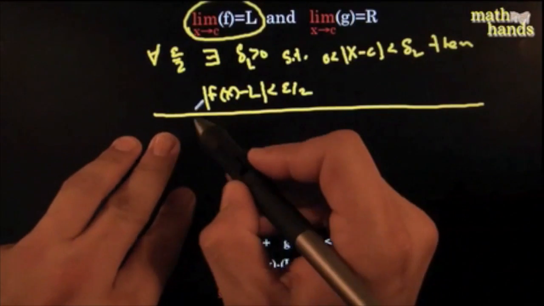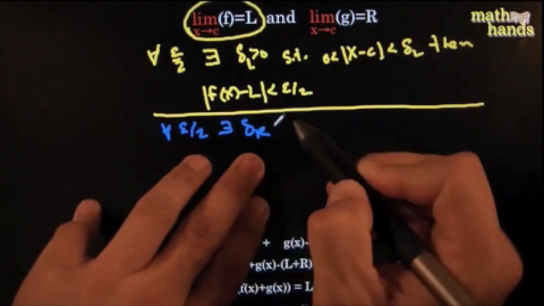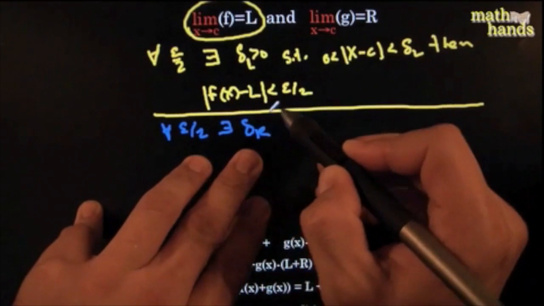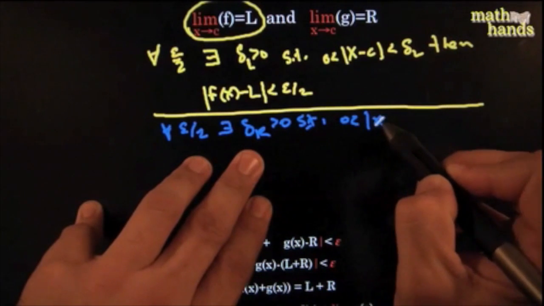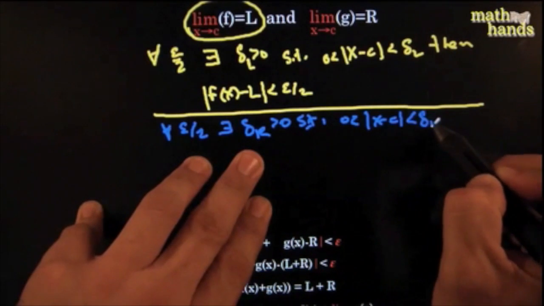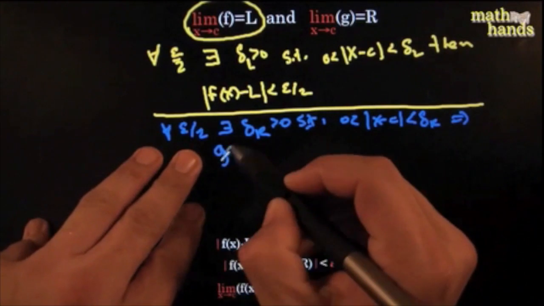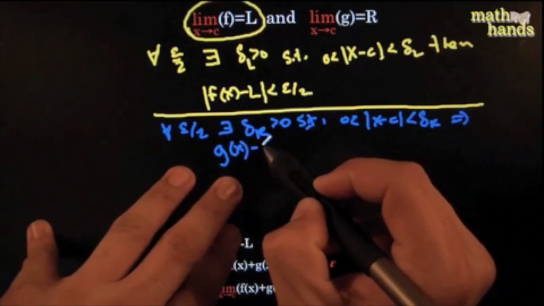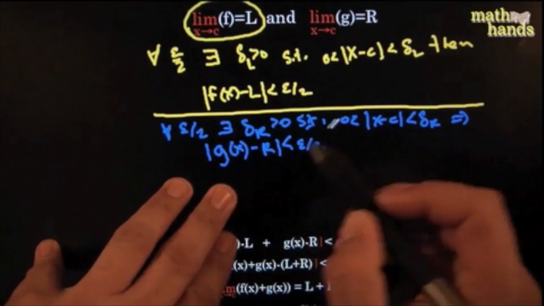For any epsilon over 2, there exists a delta for R, which might be a different delta, greater than 0, such that being delta R close to c but not equal to it guarantees that g of x will be epsilon over 2 close to R.